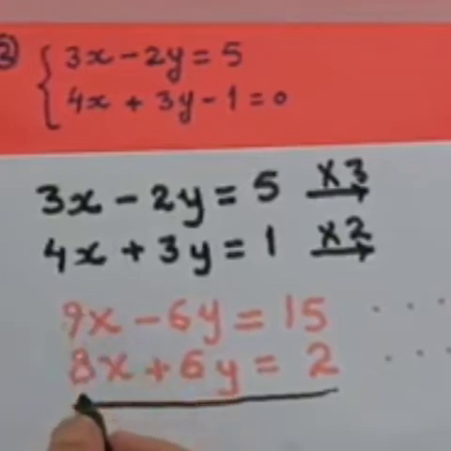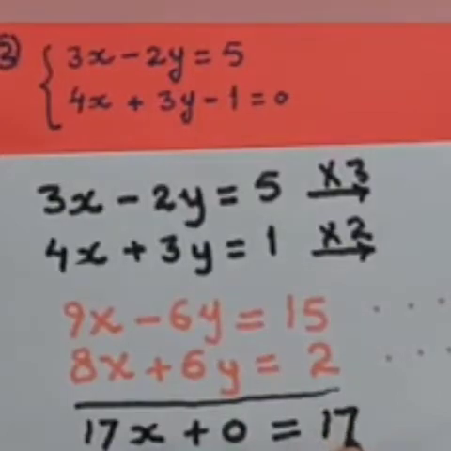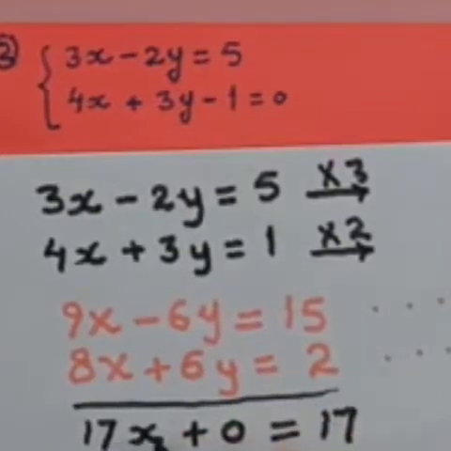Here by adding, we got 17x, and here 0y. So 17x is equal to 17. And it is the simplest form for the equation, as we dealt with the first equation.